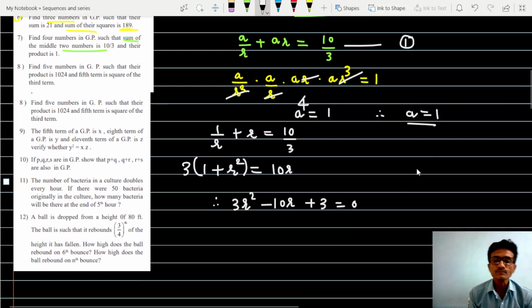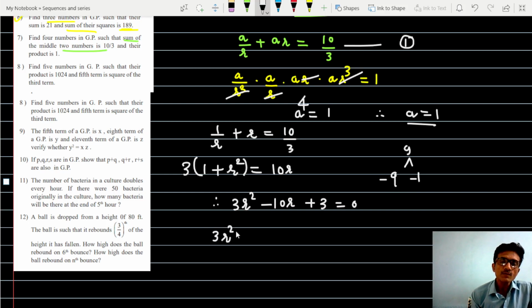Then 3 into 3 it is 9. We factorize 9 into 9 and 1, minus 9 and minus 1. So 3r square minus 9r, split the middle term, minus r plus 3 is equal to 0. So 3r, from here minus 1 common.